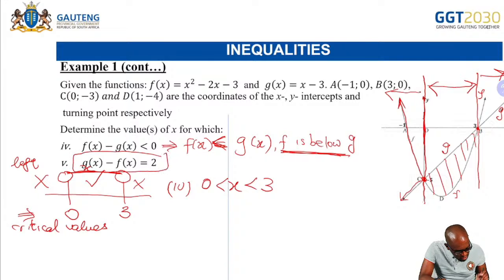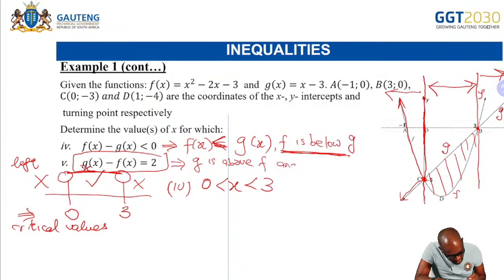g of x minus f of x equals 2. So here we are looking for where g is above f and the distance between them is 2 units.